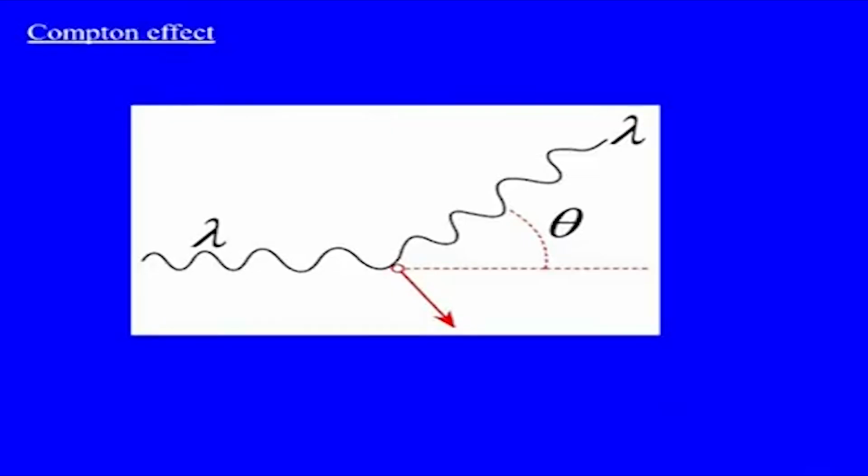Now, this particular effect is called the Compton effect. In this process, the photon interacts with an atomic electron sufficiently to eject it from orbit. The photon retains a portion of its original energy.